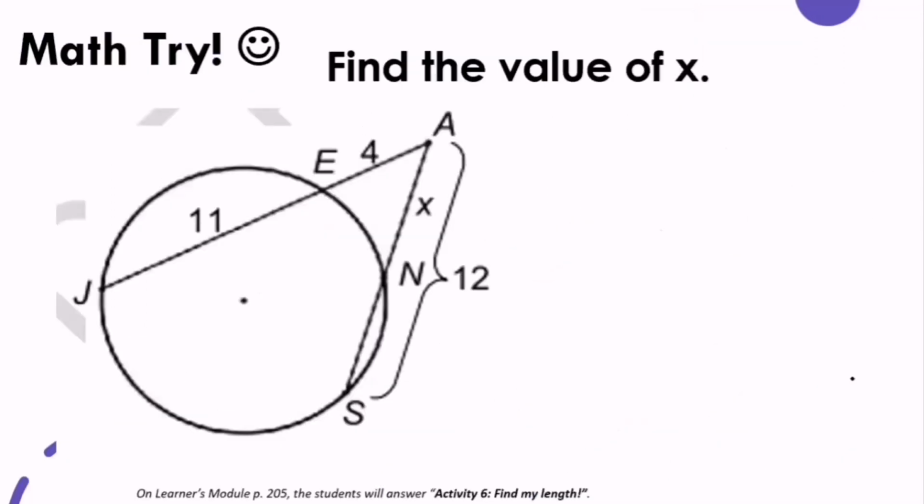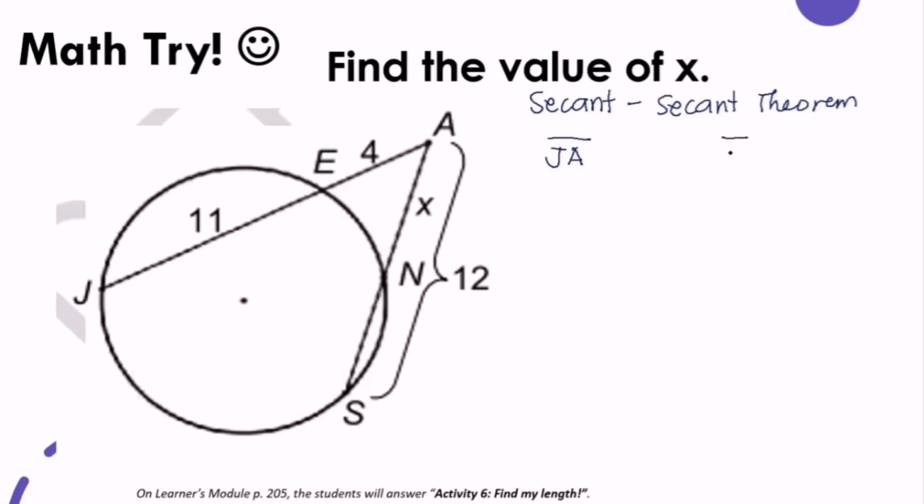So, with that, let us try another one. So, ano ulit klaseng segment ang meron tayo? Tangent ba or secant? Okay, salamat po. So, ang gagawin natin dyan, yan po ay secant-secant theorem kasi dalawang secant. Ano yung unang secant? Okay, we have segment JA. Ano pa yung isa?